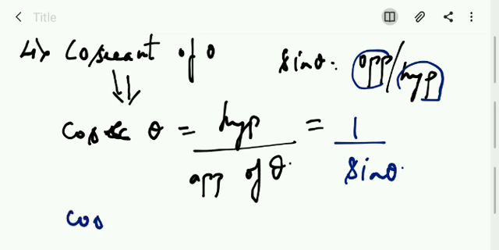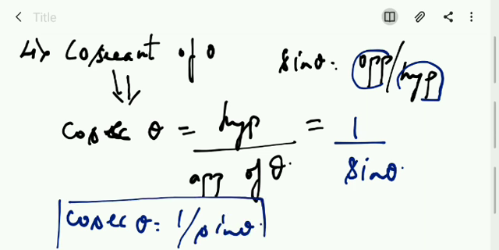So therefore cosec theta is nothing but 1 by sine theta. Easy, very easy. Look, it's that simple. We just finished 4 of the trigonometric ratios very fast.